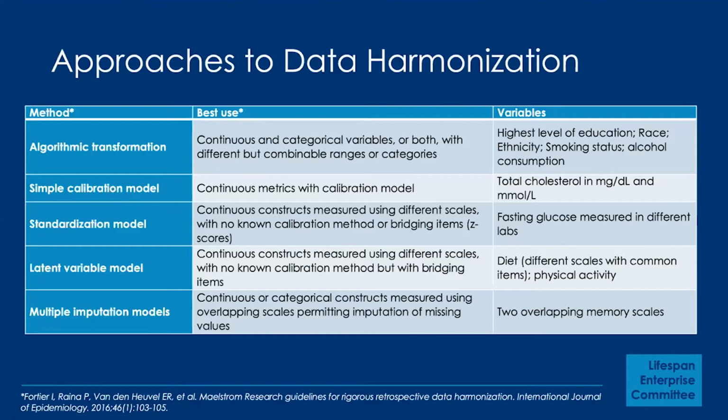So that's really just kind of lining up categories. Often we see this when we're talking about the highest level of education or race, ethnicity. We're just trying to align categories that are combinable. We also often see simple calibration models in cardiovascular risk factors. This is making sure really that the units are on the same scale, that if we're going from pounds to kilos, we'll all have a consistent metric.